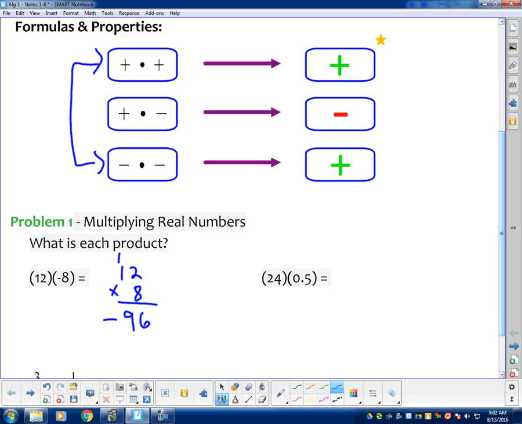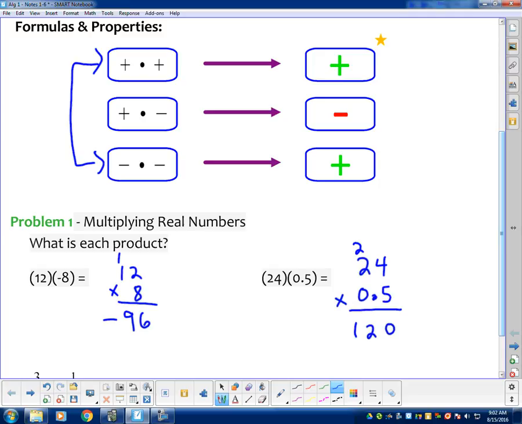The second one, we have an integer times a decimal here. So we're going to take 24 and multiply it by 0.5. Write it vertically if that helps. 5 times 4 is 20. 0, carry the 2. 5 times 2 is 10, plus 2 is 12. So we have 120 there.